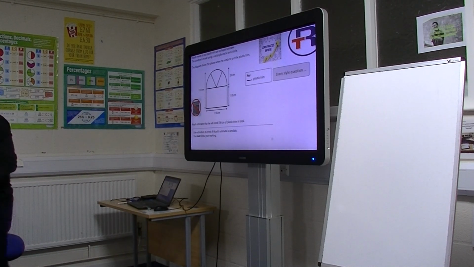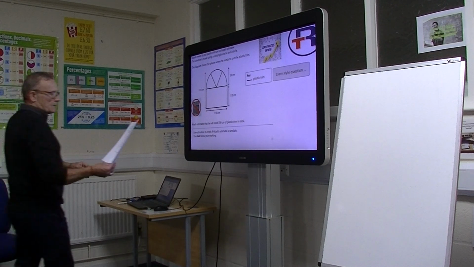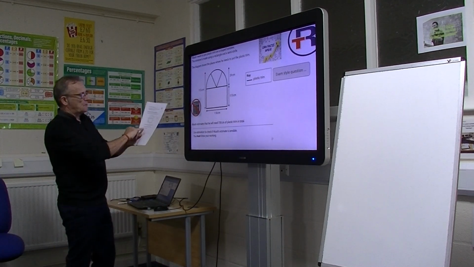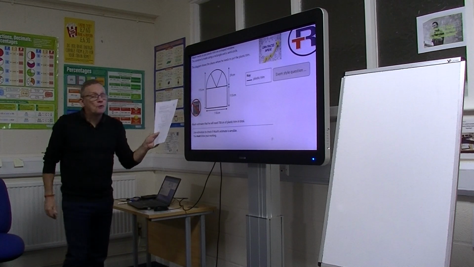So using this scaffolded sheet here, the first question, this box says, what is the diagram actually showing?